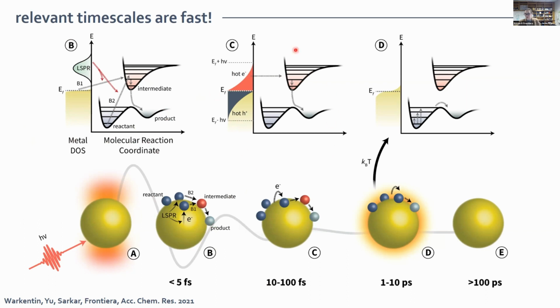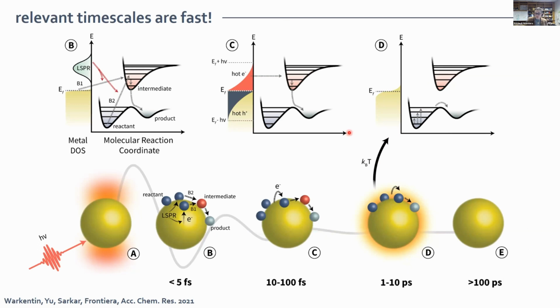We can have processes like electron transfer from this photoexcited plasmonic material into the molecule. This likely occurs on the tens to hundreds of femtosecond timescale. And we can have energy transfer, so we can deposit energy into vibrational modes. This would be like heating, although it's obviously not at equilibrium. And this likely happens on the few hundred femtosecond to picosecond timescale. That's really what we're going to focus on for this talk today, although we're interested in all of these processes in these plasmon-molecule systems.